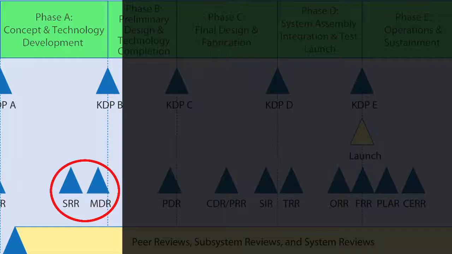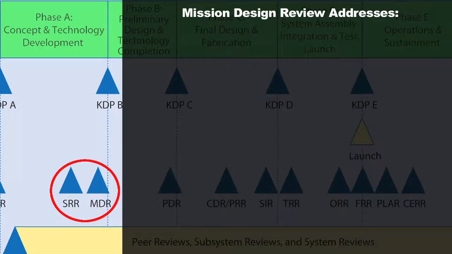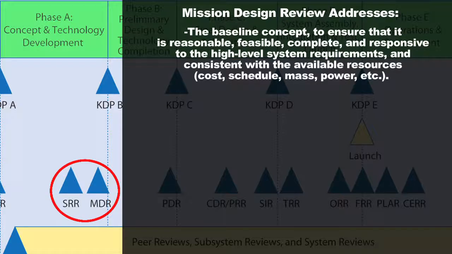The second technical review that happens during Phase A is the mission design review. So during the mission design review, this is again after the system requirements review on the life cycle. And at this point, the technical review team will be back, and they will now be assessing things like your baseline concept, being your current design and set of requirements and all of the things that define the system at this very early part of the life cycle, everything you've put together to define what the system is and how it will operate.